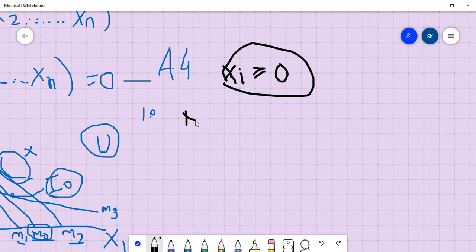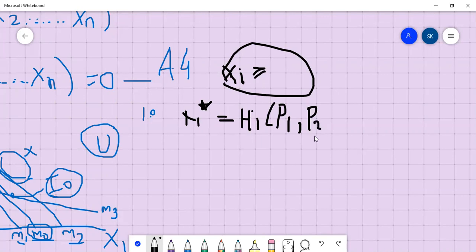Therefore, Xi star is equal to Hi, which is a function of P1, P2, P3 till Pn, the prices of the goods that are consumed by the consumer, and also a function of the utility derived from the consumption of these goods.